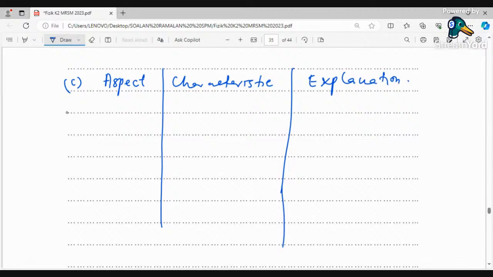Buat table. Okay, aspek yang pertama ialah density. Okay, density of car. Salin je balik semua. Okay, number 2 ialah shape of car spoiler.